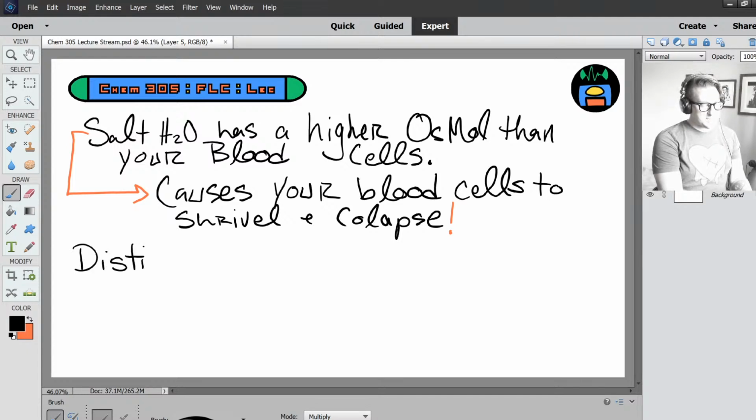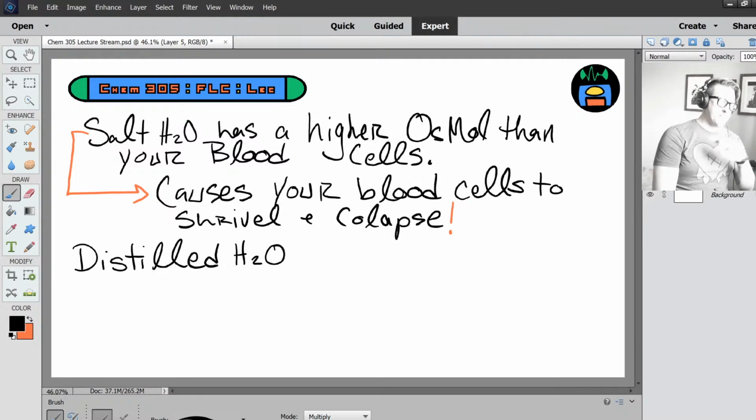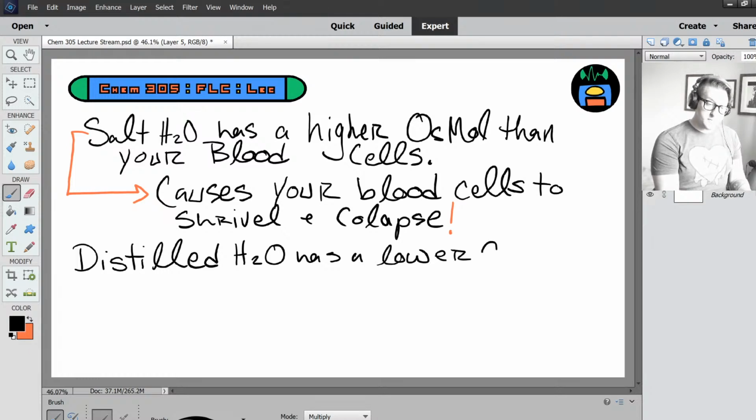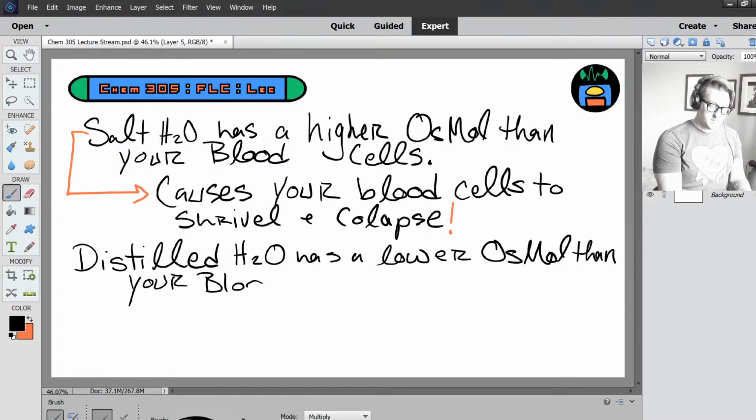Now, distilled water is dangerous for the same reason but opposite effect. Distilled water has a lower osmolarity than your blood cells.